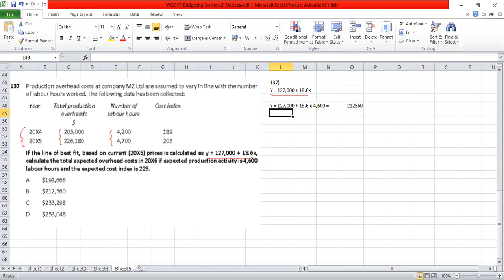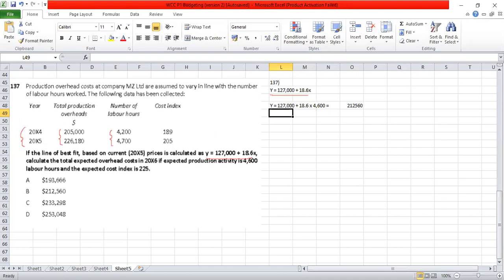After that, something else is also given. It says calculate the total expected overhead cost in 20x6 if the expected production activity is 4,600 labor hours and the expected cost index is 225. That is, the index number indicates the changes in the price and cost.